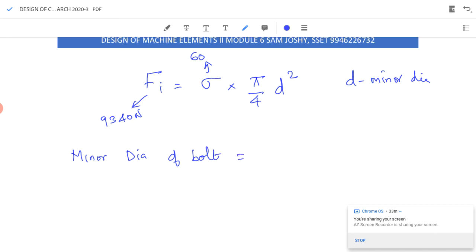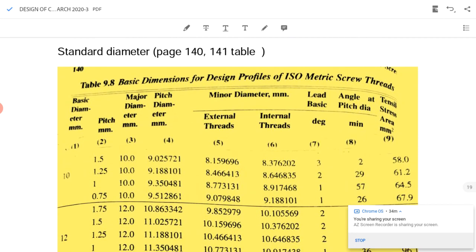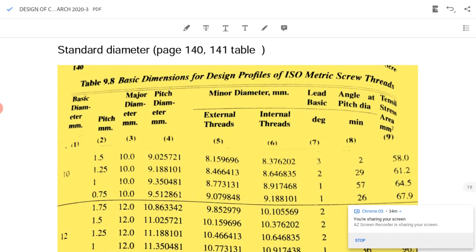equal to 9.95 mm, and there won't be any bolt as such having a value exactly equal to 9.95. So whatever value is greater than 9.95 will be safe. So we can select a standard bolt from page 140 and 141, table 9.8.